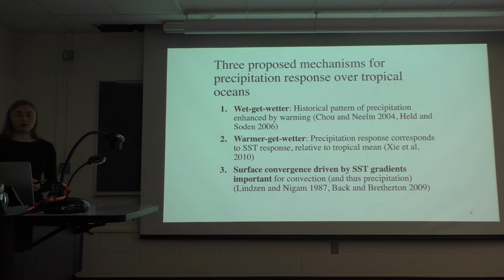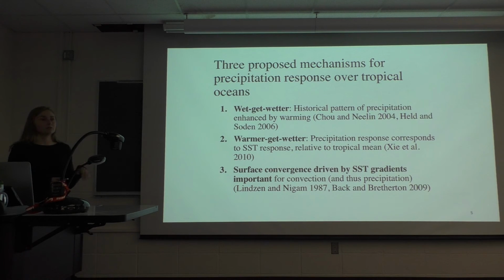So I'm going to talk about three mechanisms that have come up a lot in the literature. One is the Whitewater Mechanism, and you've probably heard of many of these. The Whitewater Mechanism describes climate change as enhancing the historical precipitation response. Warmer get wetter describes the precipitation responses following the SST response.